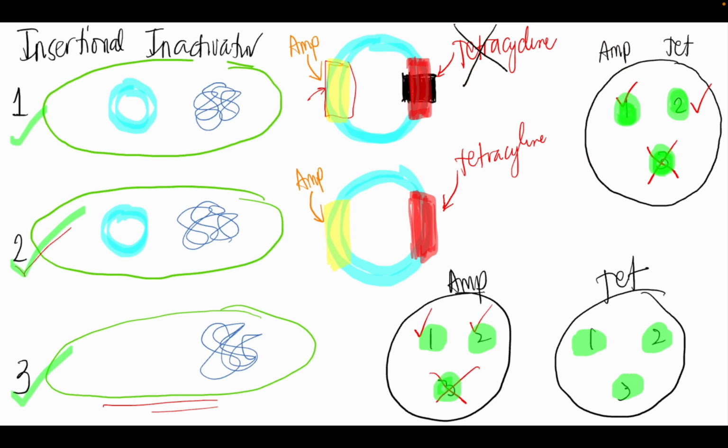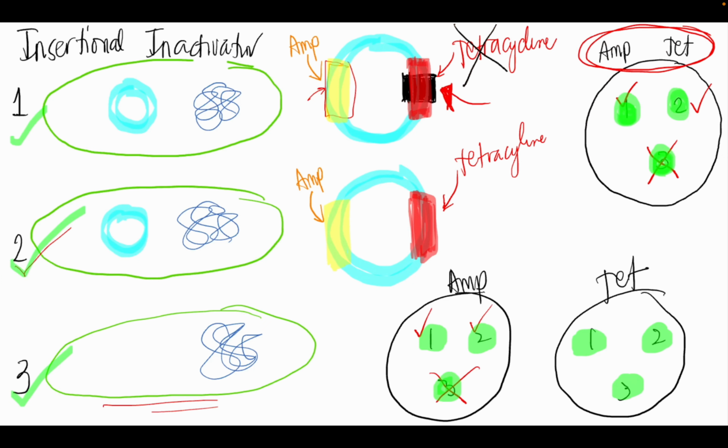How about in tetracycline? Previously, both of them grew in the ampicillin and tetracycline agar, right? How about if insertional inactivation happens? Insertional inactivation was conducted in bacterium number 1.